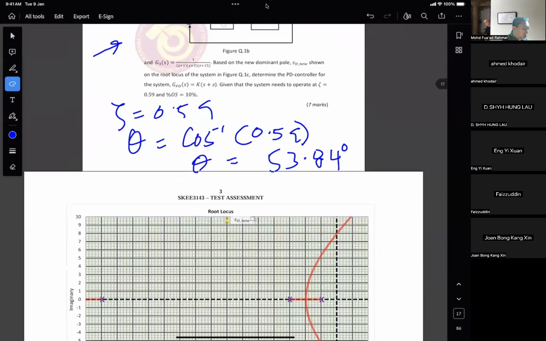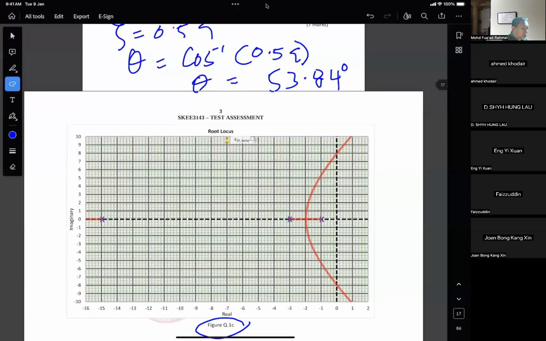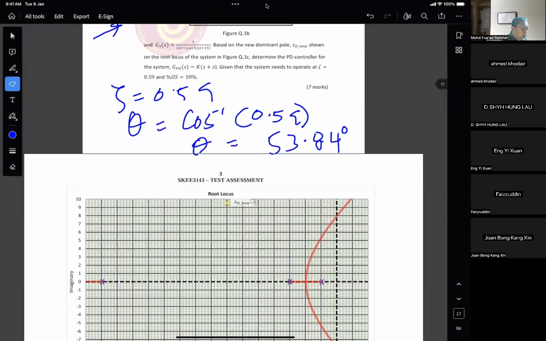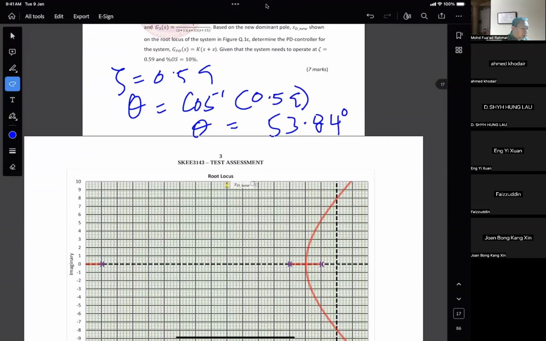So there you are. Okay, the SD new. We want the system to operate at the SD new. So when we use the protractor, 53.84 is somewhere here. Okay. So this is the zeta 0.59.